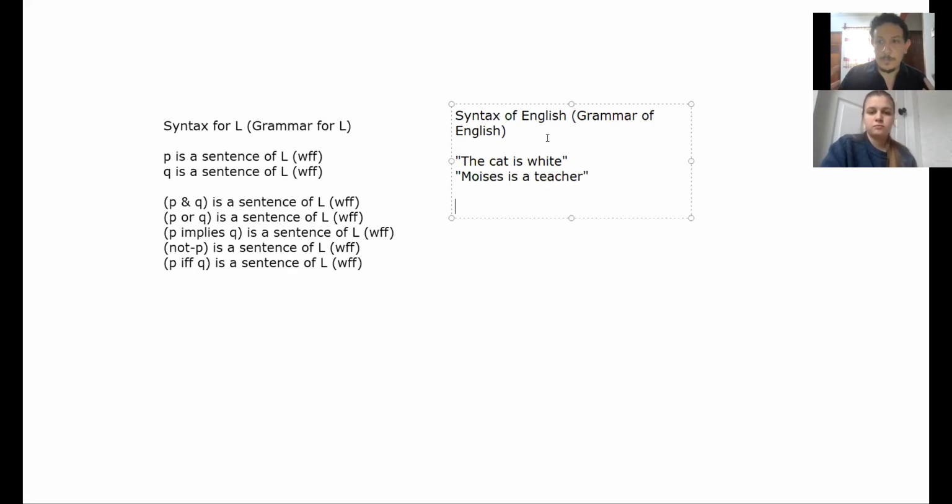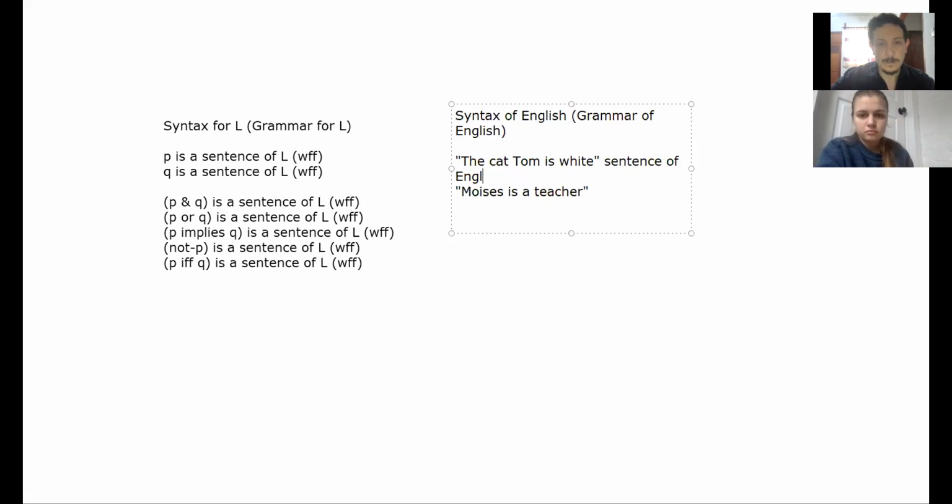From this, I could put together the following sentences. Let's call this cat Tom, just to give it a name. So for example, if these are sentences of English, the first question I want to ask you is, why are these sentences of English? Intuitively, just give me an intuition.